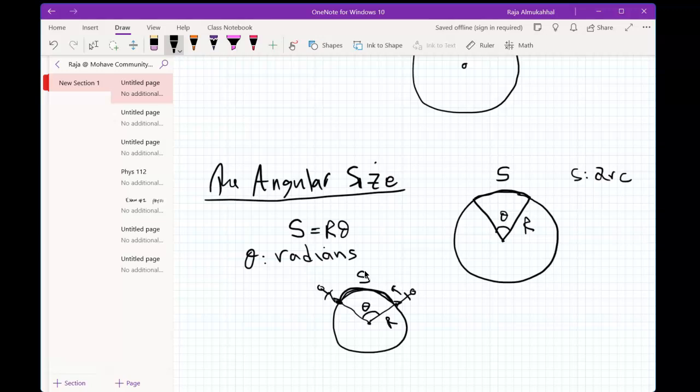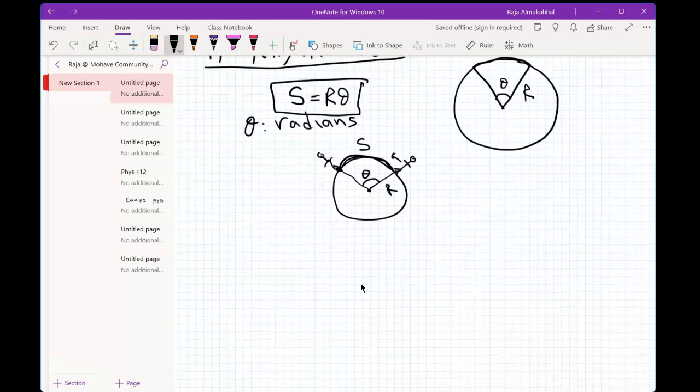So the question is, if I give you the radius of the circular track, and I give you the angle theta, this angle right here, how far did the person go? Well, basically S equals R theta, provided that theta has to be, like I said, in radians. What does that mean? Let me tell you what that means.